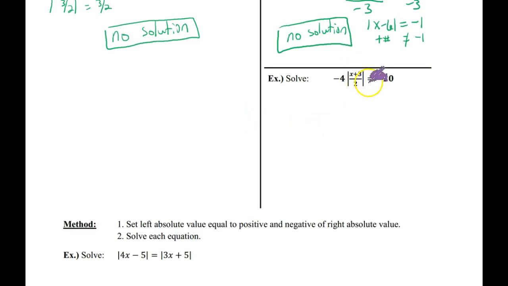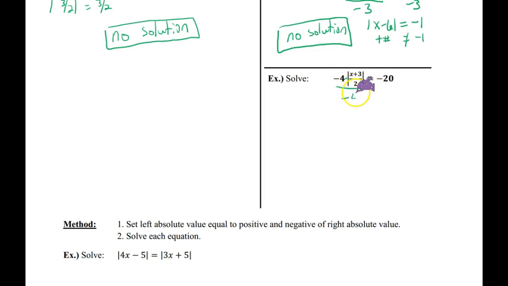Alright, this last one here. Now this looks like an absolute value equal to a negative number. And you might try to stop and say, oh, there is no solution, I don't have to keep going. However, the absolute value here is not isolated, so you can't stop. So this is negative 4 times that absolute value.